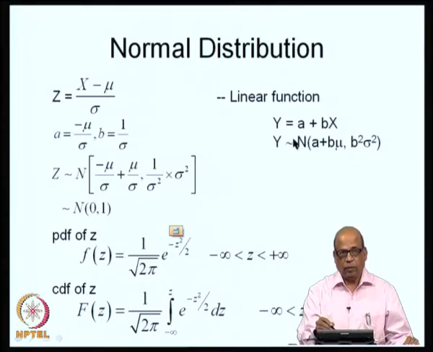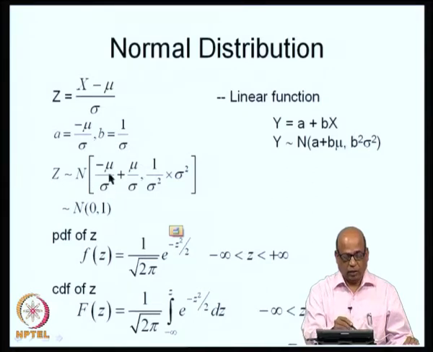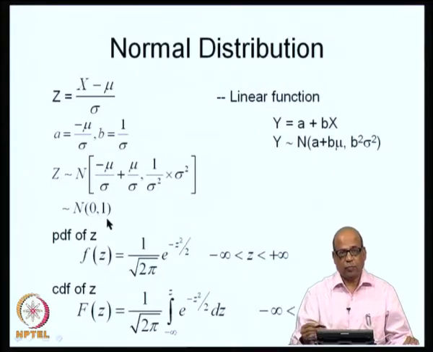We use this result to look at the so called standard normal distribution. Z is equal to x minus mu over sigma. As you can see, this is a linear transformation of x, and then Z will therefore have the normal distribution, with mean 0 and unit variance.